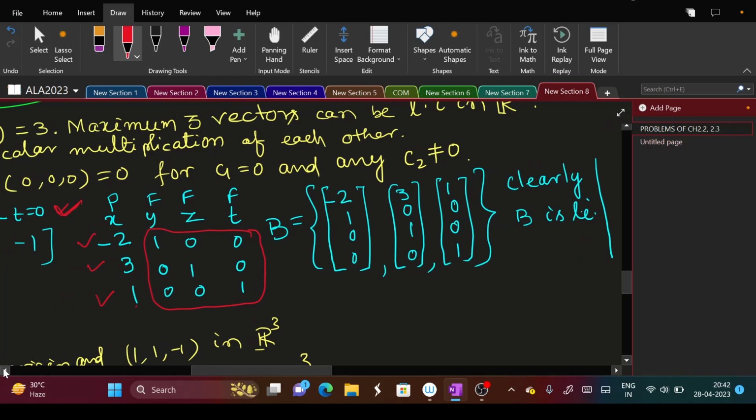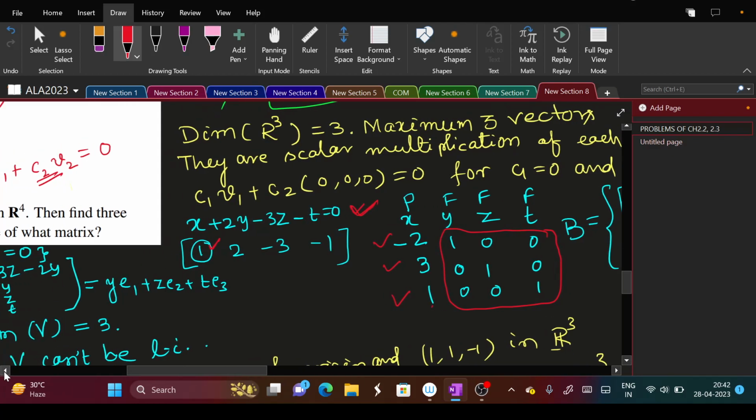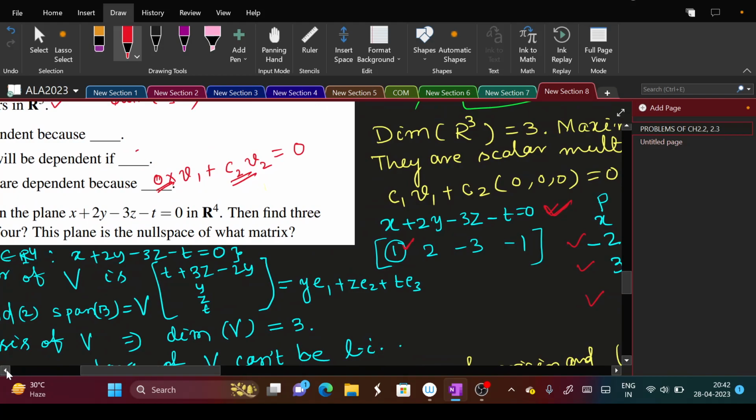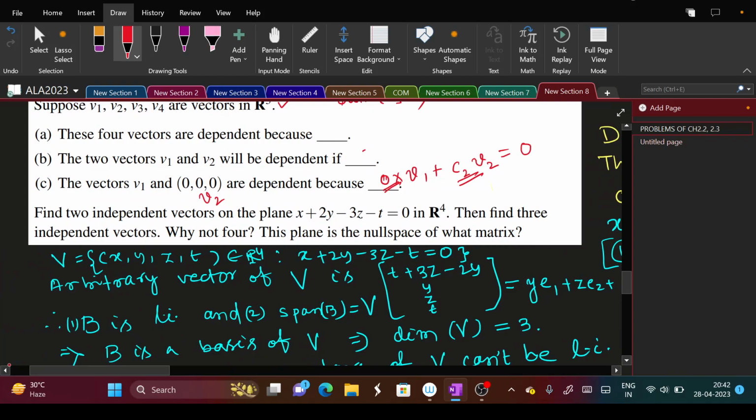So this set B is linearly independent because the rank of the matrix having these vectors as row vectors is equal to 3. Next, an arbitrary vector V has free variables t, z and y, and from this equation let us calculate the value of x. It is t + 3z - 2y.